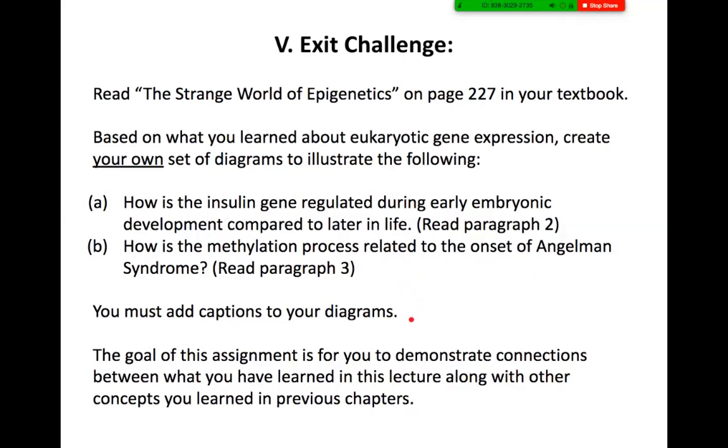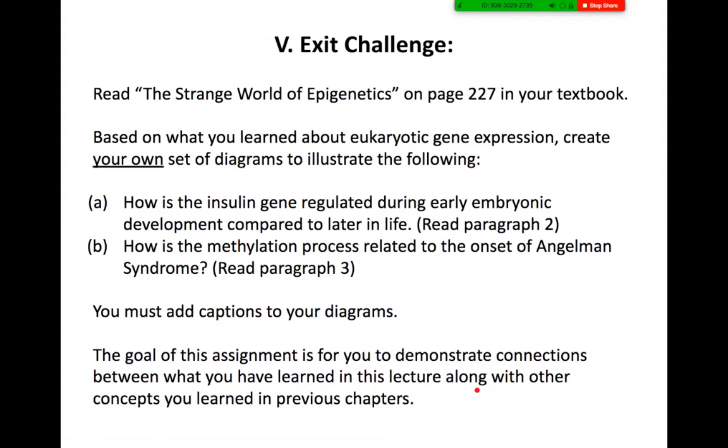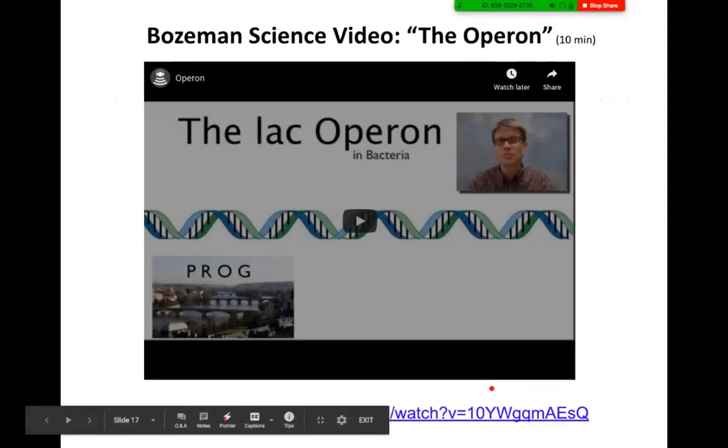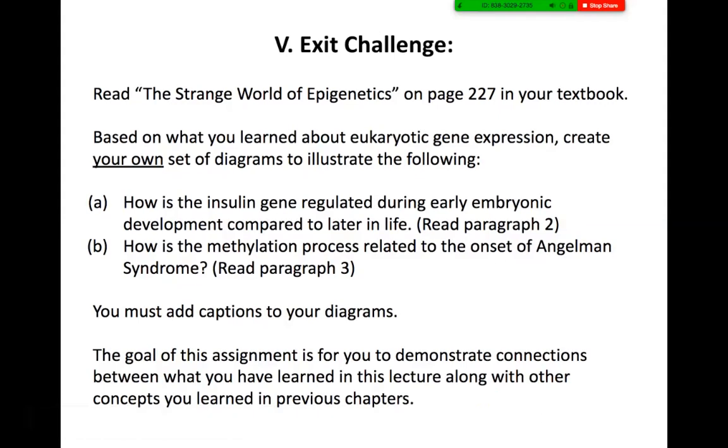Keep in mind that the goal of this mini activity is to formulate connections between what you have learned in this lecture, specifically about methylation, acetylation, and the presence of histones, and the previous knowledge you have gained in the earliest chapters.